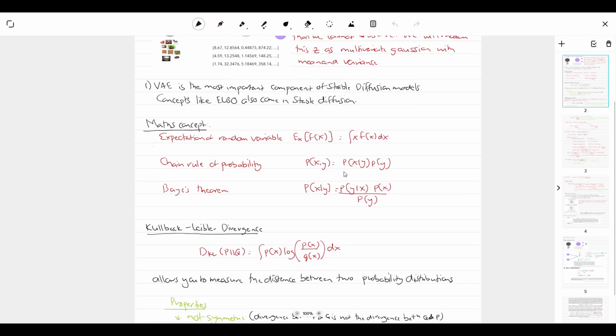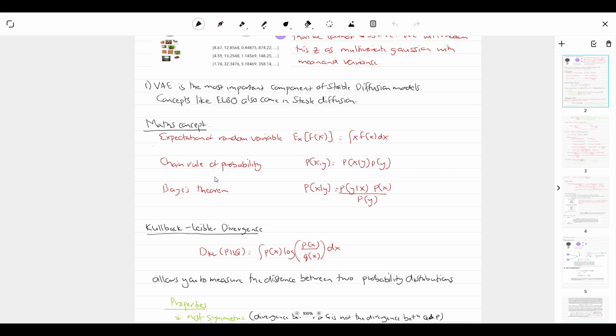To understand VAEs, we need three core mathematical ideas. The first is the expectation of a random variable. This is the average value of a function f(x) when x is drawn from a probability distribution p(x), and for a continuous random variable it is calculated as an integral, as shown here.